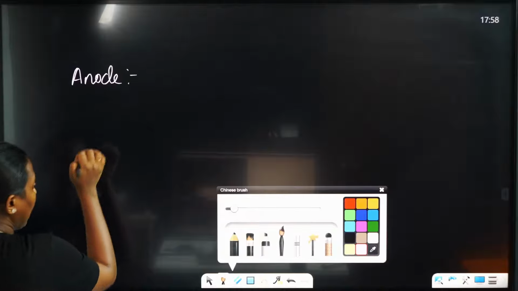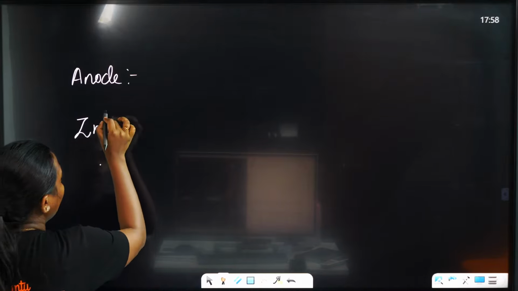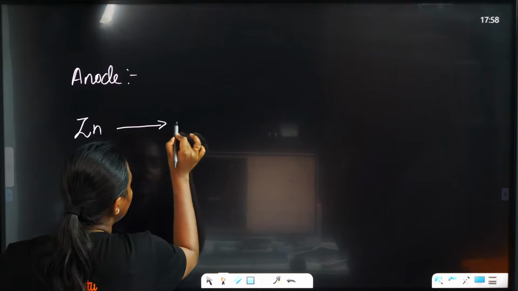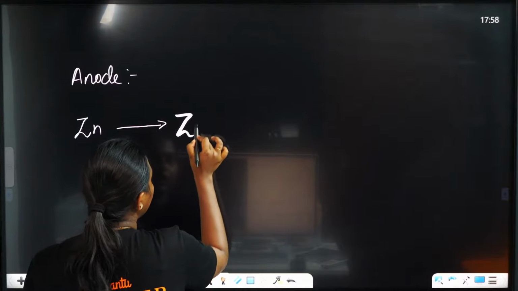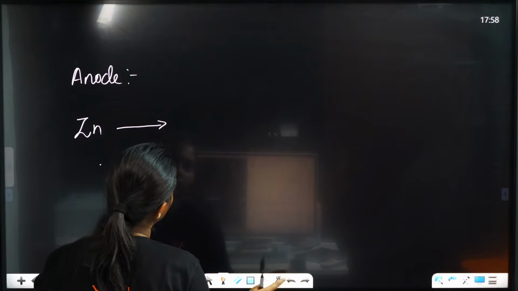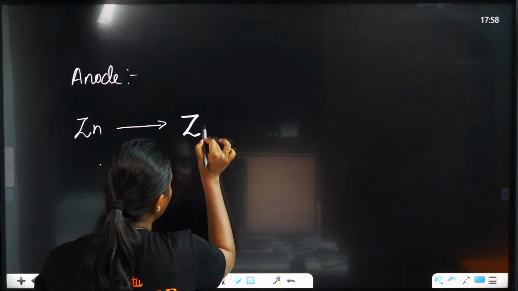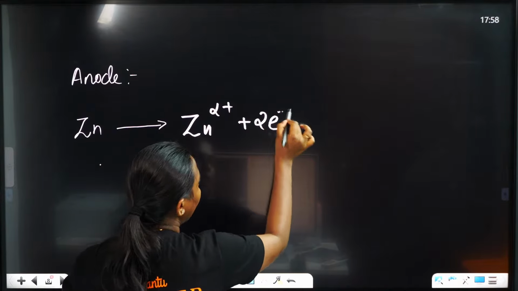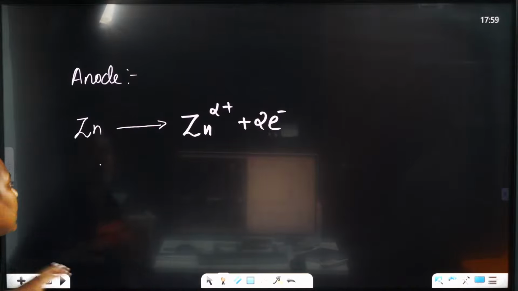In the anode you can see Zn will form Zn2+ plus 2 electrons. Clear? Then what is the cathode reaction?